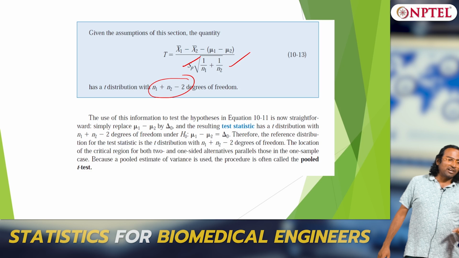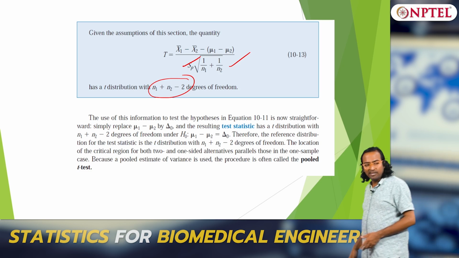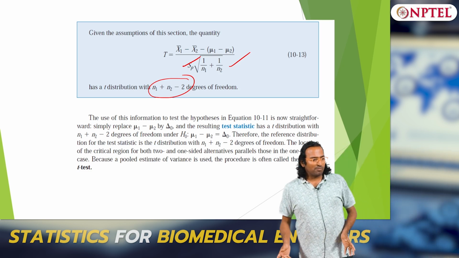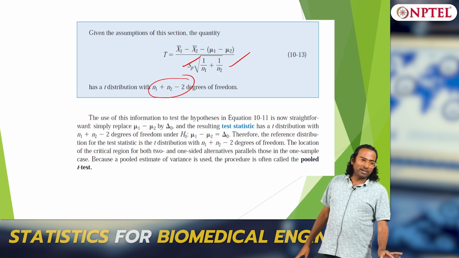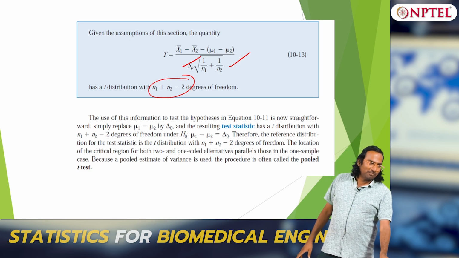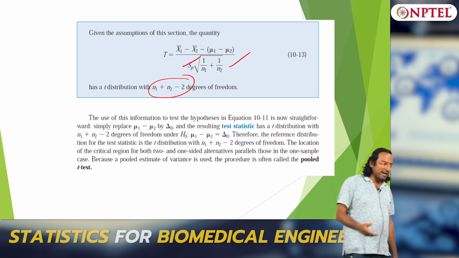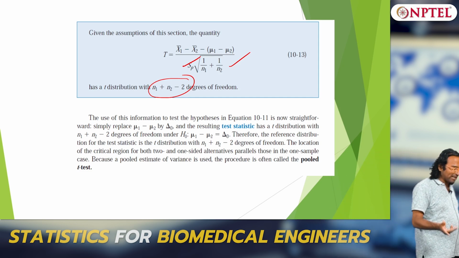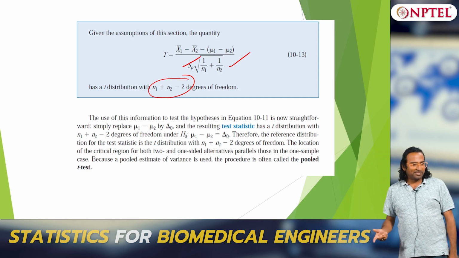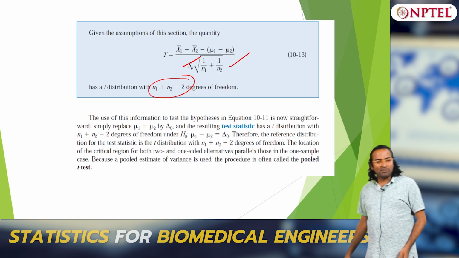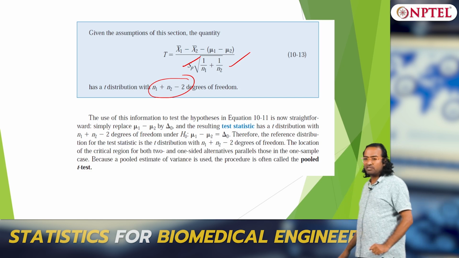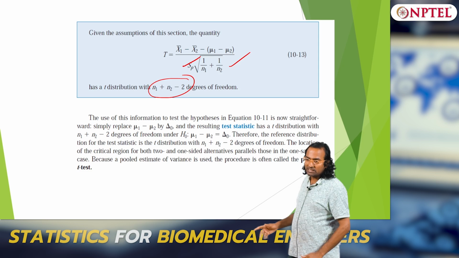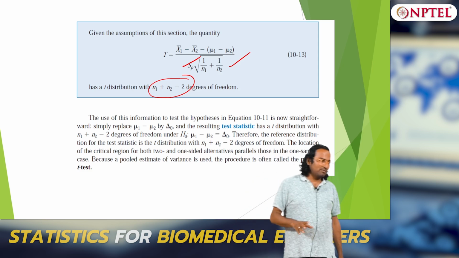If N1 plus N2 minus 2 is greater than 30 it automatically becomes a normal distribution. So this is a T distribution with N1 plus N2 minus 2 degrees of freedom, but typically N1 plus N2 minus 2 will be greater than 30, that means even if you do not collect 10 samples, what is it? 15 samples, right. So if you collect more than 15 samples in each group it automatically becomes a normal distribution, because the T distribution with more than 30 degrees of freedom is normal.